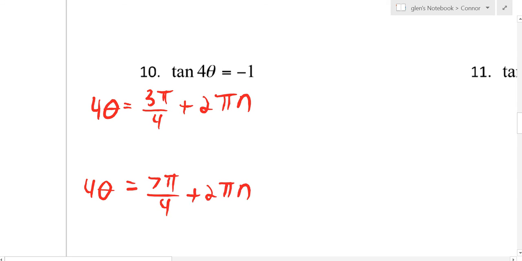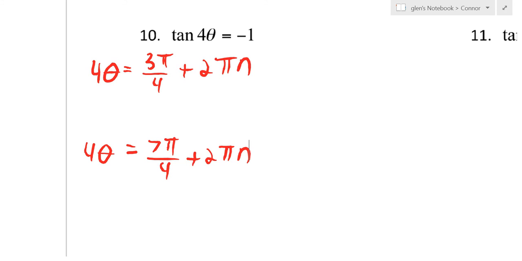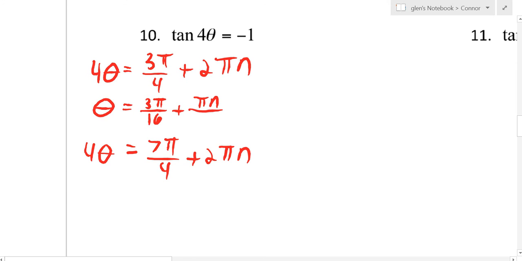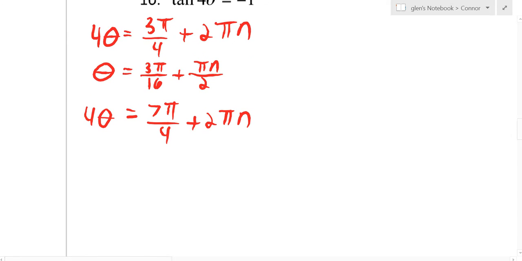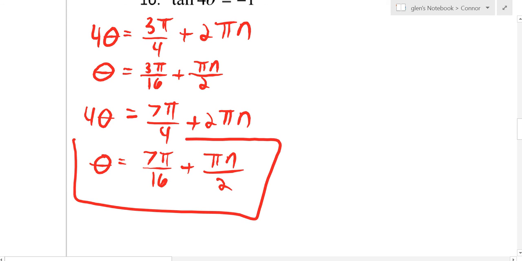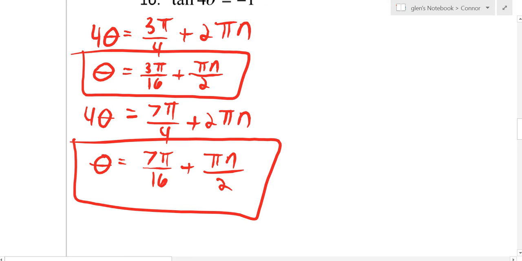Cool? And that's what the angle has to equal, but remember the angle is really 4 theta. So to find theta, divide by 4. When you do that and reduce it, you get 3 pi over 16 plus, since 2 divided by 4 is a half, pi n over 2. And this becomes 7 pi over 16 plus pi n over 2. All right, so not too bad.